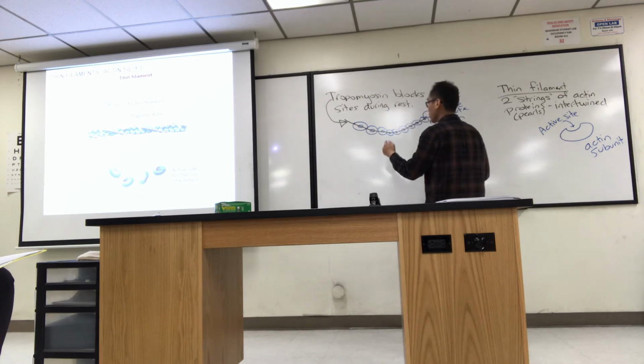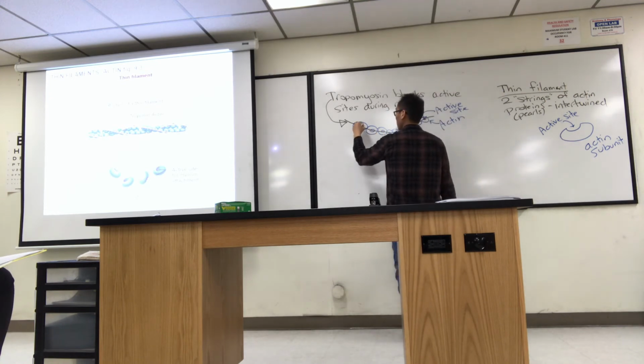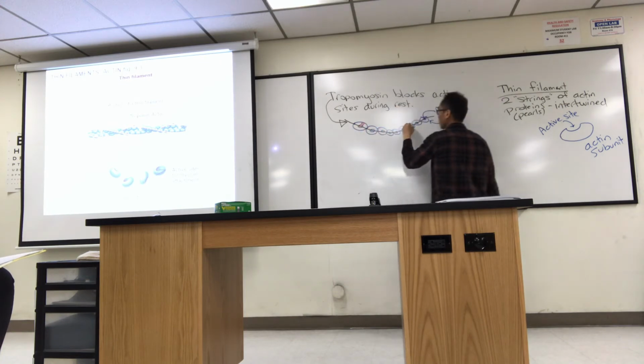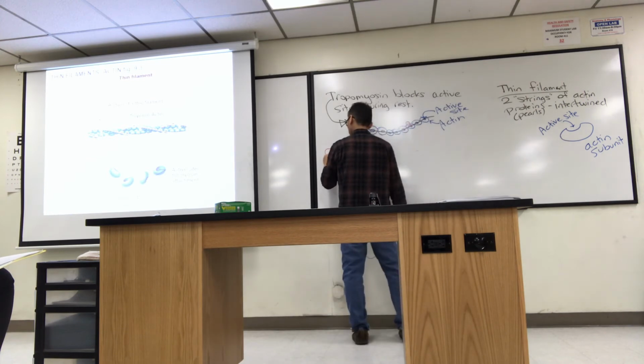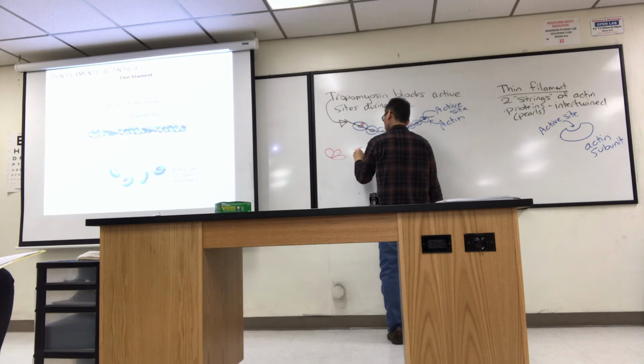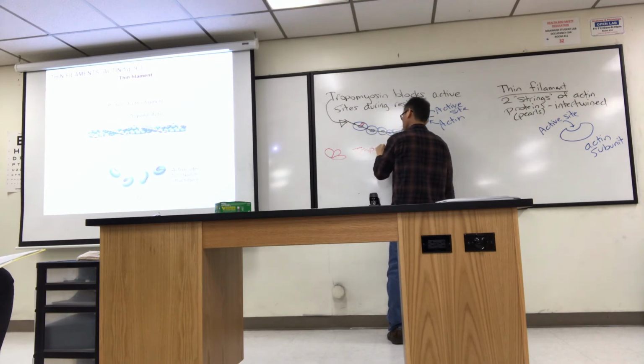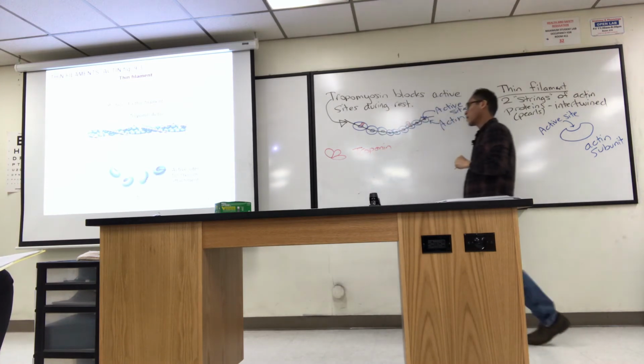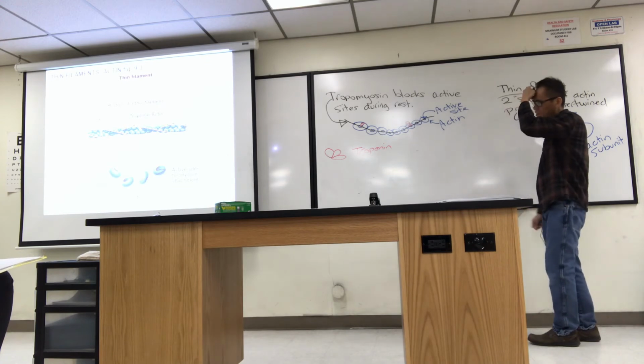Maybe I'll use red. I'll draw it as like a red structure there. So troponin has 3 subunits.